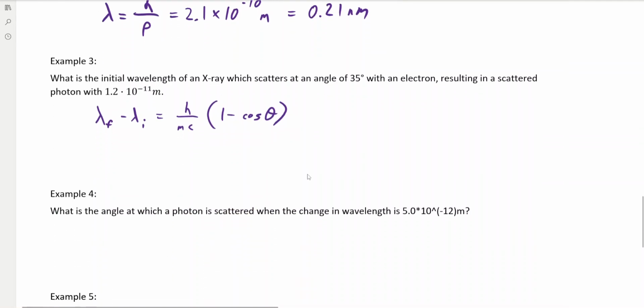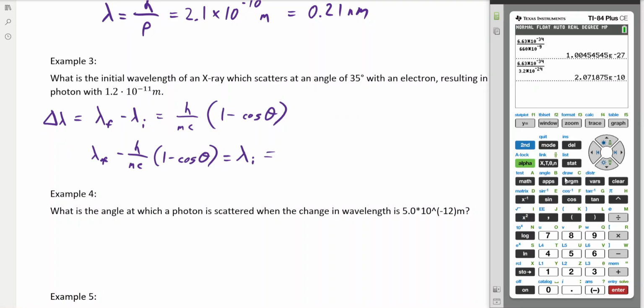So that's our formula that we have. It's in your formula sheet. It's just written as delta lambda instead, but it's the same thing. What we're looking for is the initial wavelength. So what we want to find is lambda I. So we're going to move that over, and we're going to move everything else over this way. So lambda F minus h over mc times 1 minus cos theta equals lambda I.